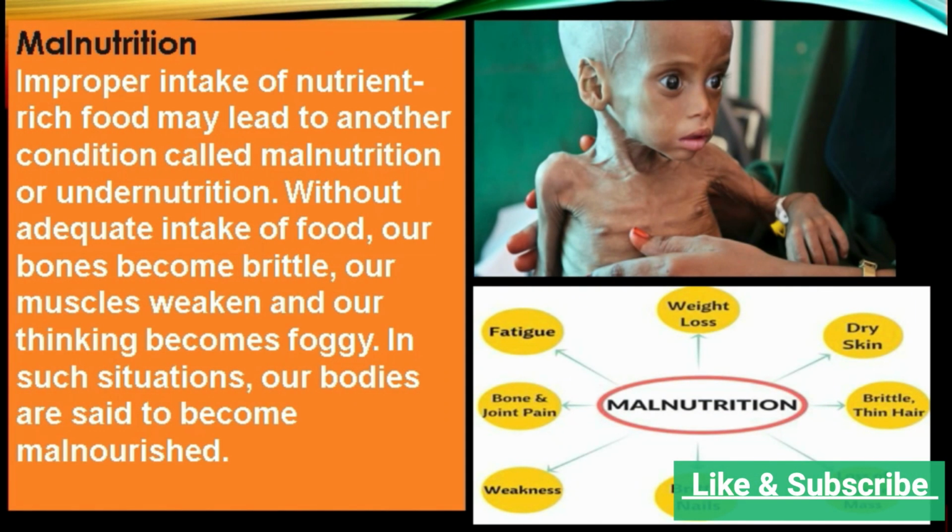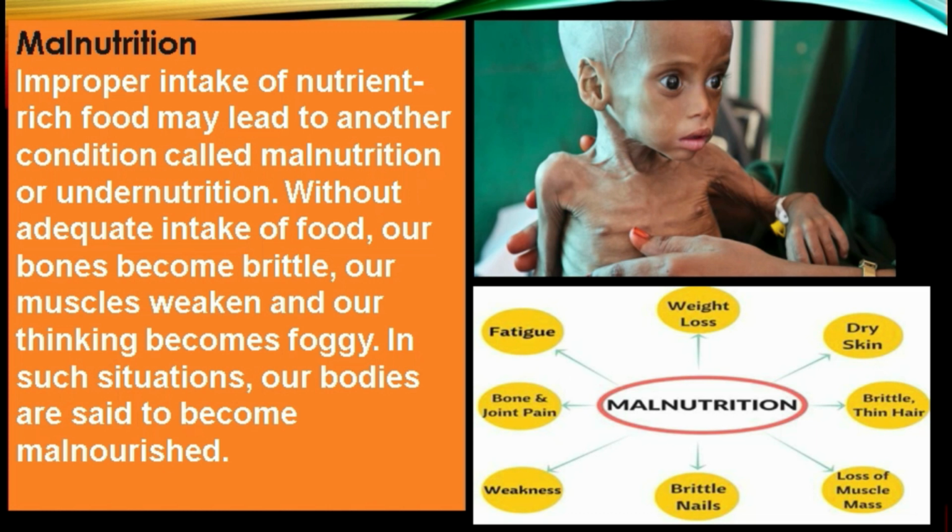Students, this is another important topic of your chapter number 2, that is malnutrition. Students, the consumption of less quantity of food than the amount required by the body is known as undernutrition, whereas on the other hand, lack of some essential nutrient in the diet is known as malnutrition.